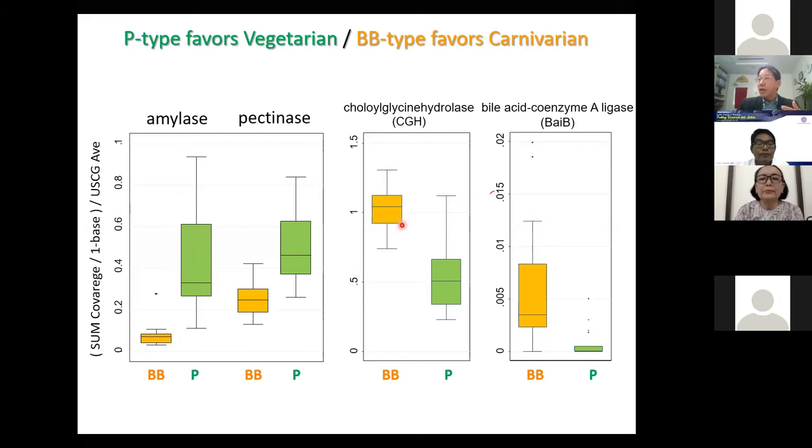On the other hand, the BB type gut microbiota is more abundant in genes involved in bile acid metabolism, such as choloylglycine hydrolase and bile acid coenzyme A ligase, and so on.